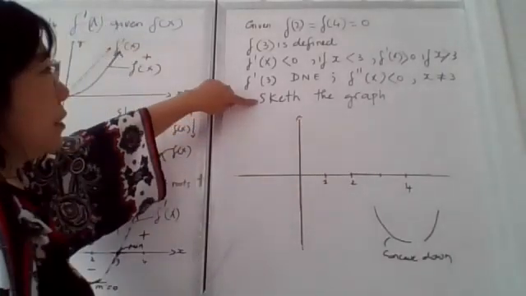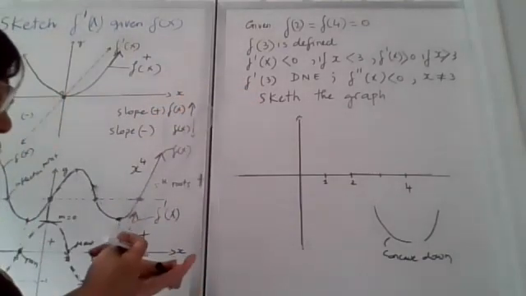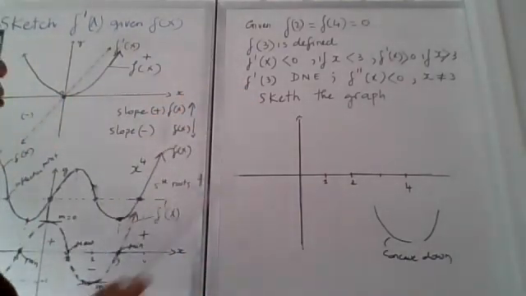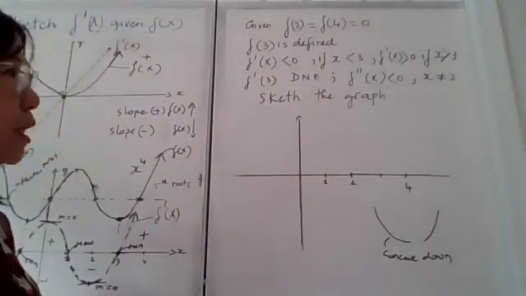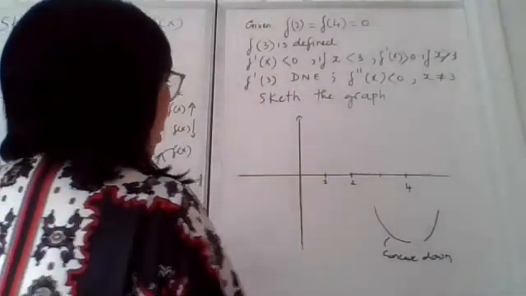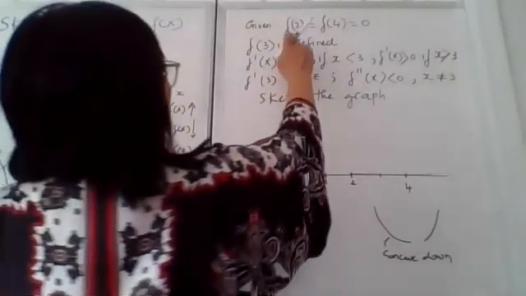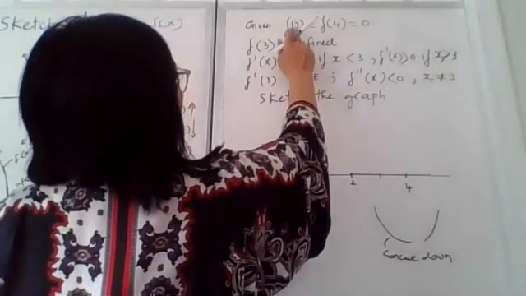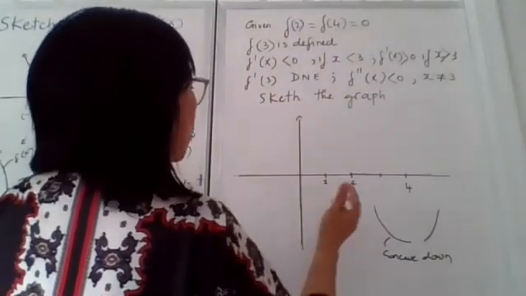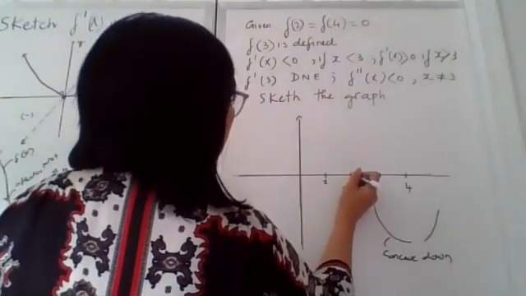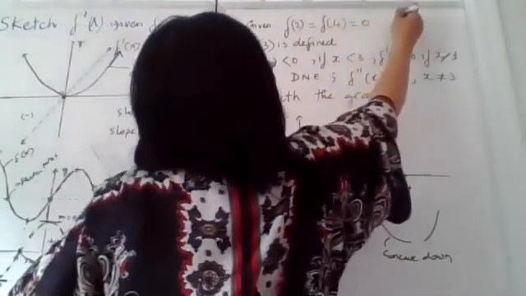The question says sketch the graph, right? So we have to sketch the graph based on the information they give us. So let's check. On the graph, they told us that f of 2 equals f of 4 equals 0. And f of 2 means the x here is 2, because this is f of x.